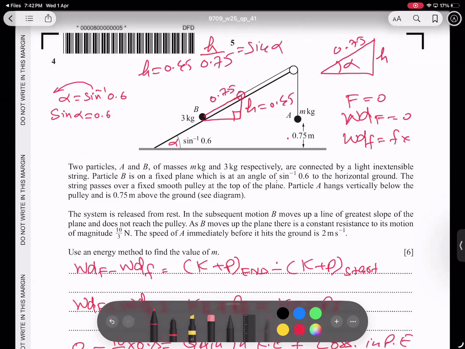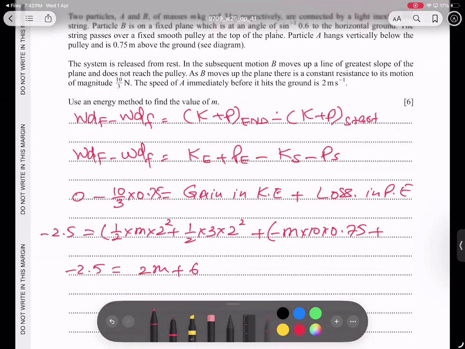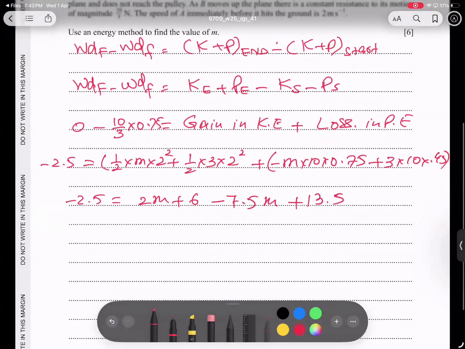So mgh: m is 3, g is 10, height is 0.45. When I calculate this, I'm getting negative 7.5m, and here I'm getting 30 times 0.45, which is 13.5 positive. So I think it's clear now, and I can finish my question.